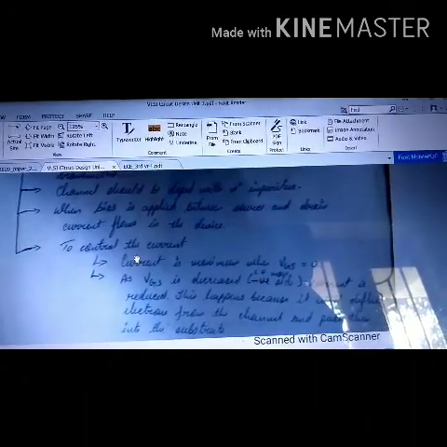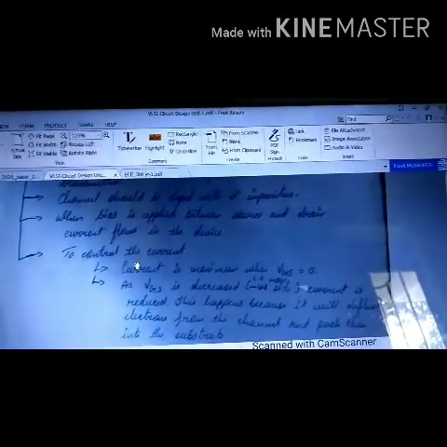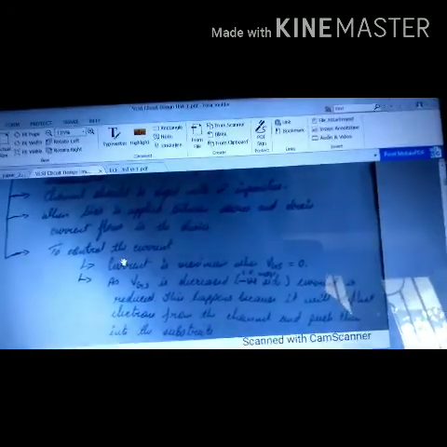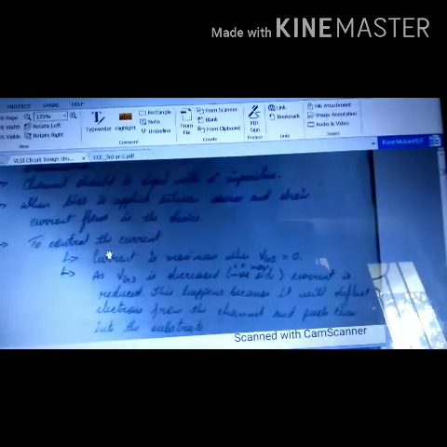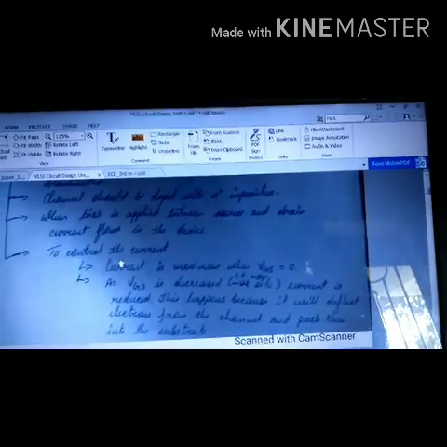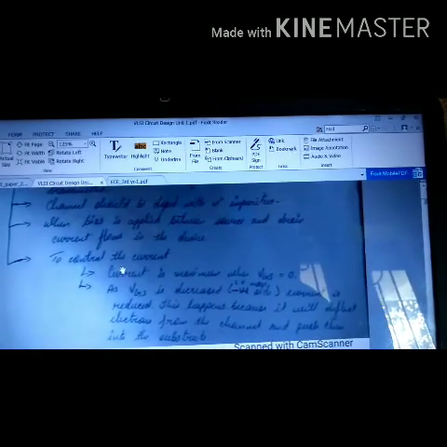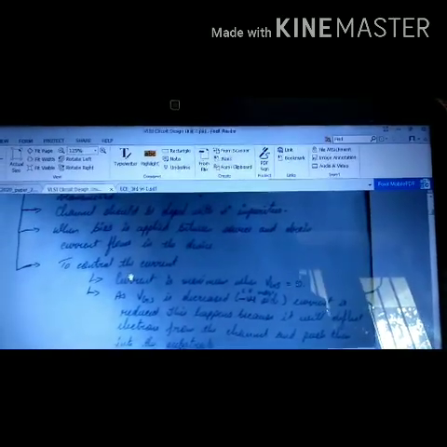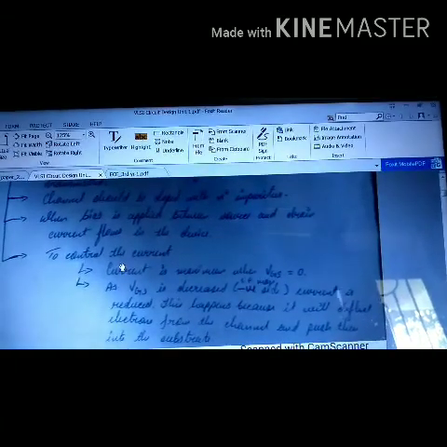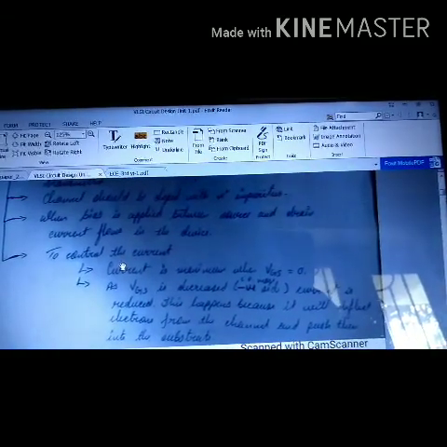Now we will apply a negative voltage on the gate. As the negative voltage is applied on the gate, the electrons in the channel are repelled, because the gate has negative charge and electrons are also negatively charged. This will reduce the number of electrons in the channel.